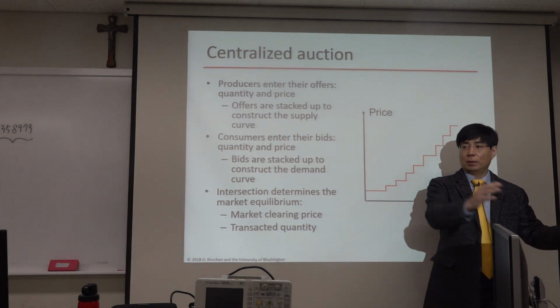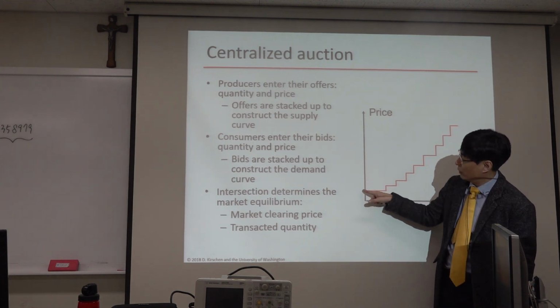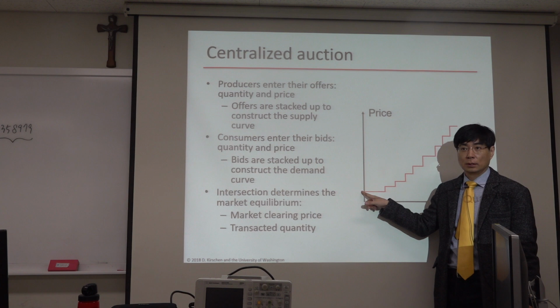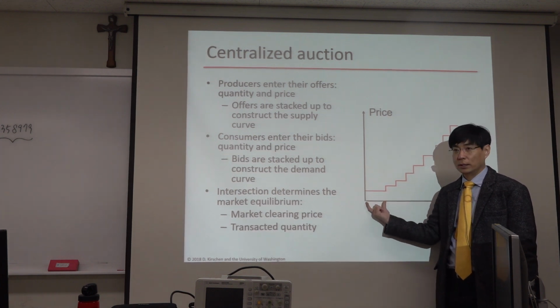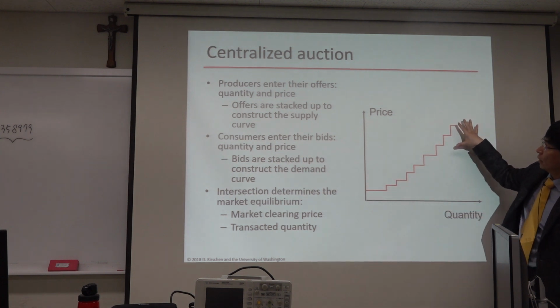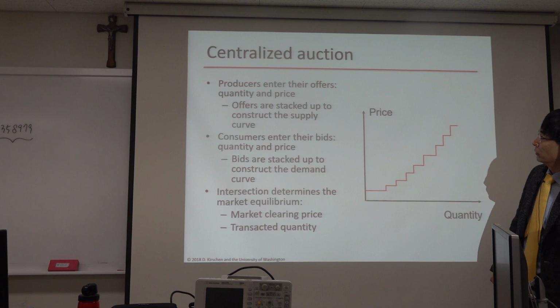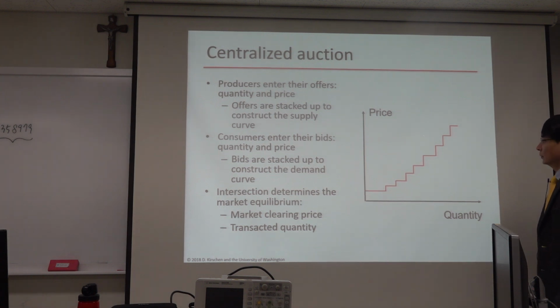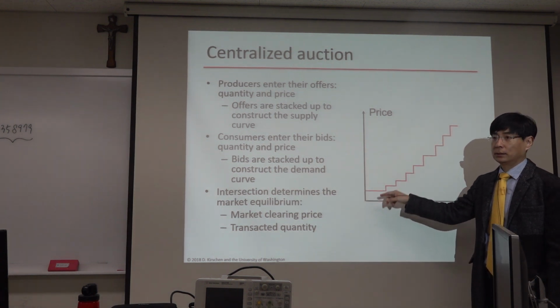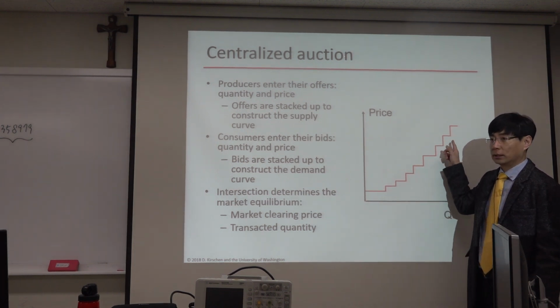So 100 plus 50, so this is 150. So each producer has their own marginal cost and the amount of quantity. And we just stack up, and then we can have this kind of curve, supply curve. So this supply curve reflects the marginal cost of the producers.